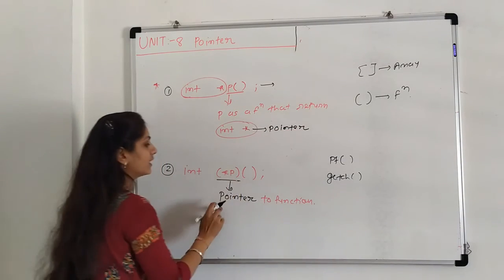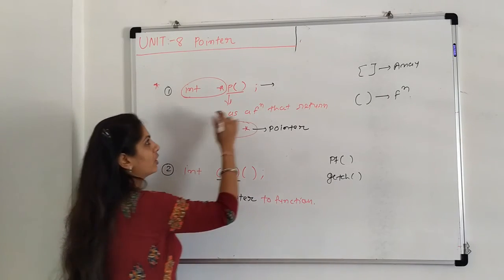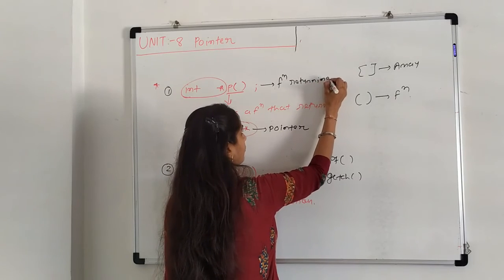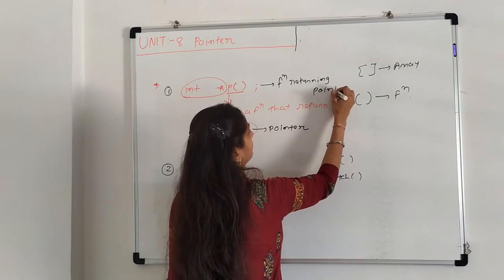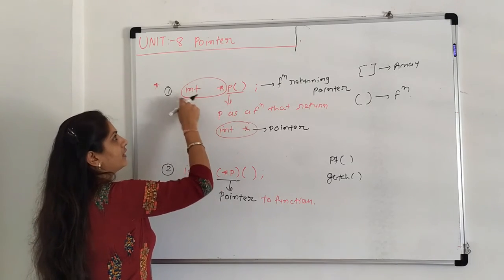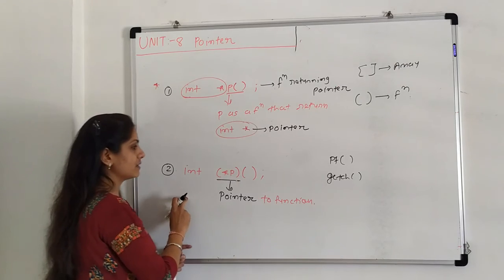So this here is for a pointer to function, and this is what? Function returning pointer. This is the concept of function p that returns a pointer, that is integer star. Here the concept is what?